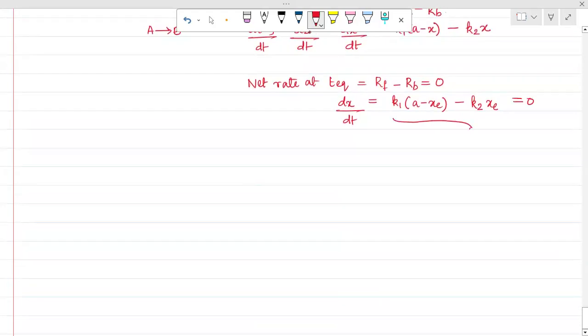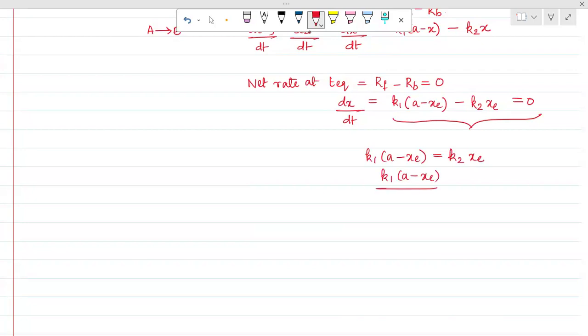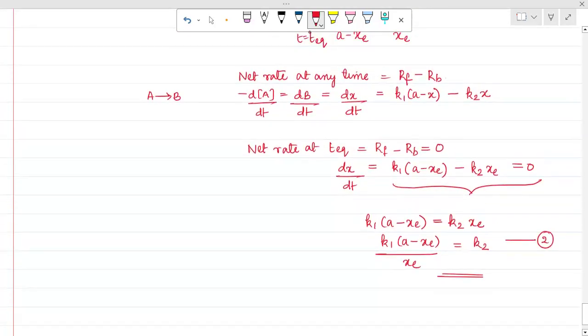So let's take this and substitute for K2. K1 into A minus Xe is equal to K2 Xe, or I can write K1 into A minus Xe by Xe is equal to K2. So I have got an expression for K2. I'll put this expression of K2 in 1.